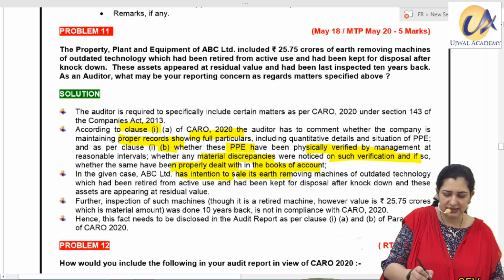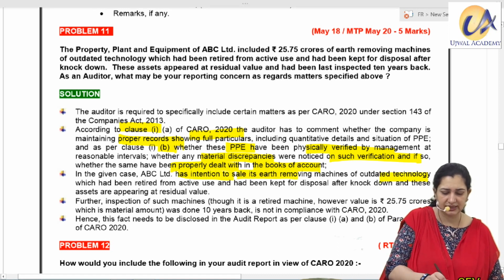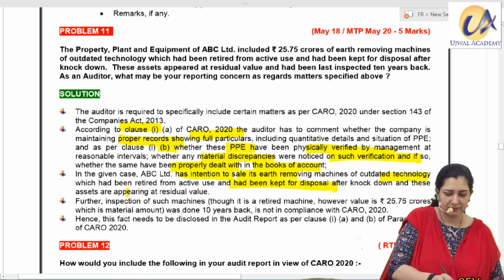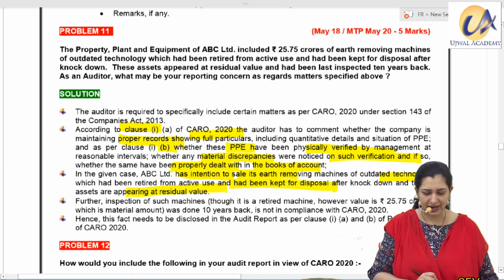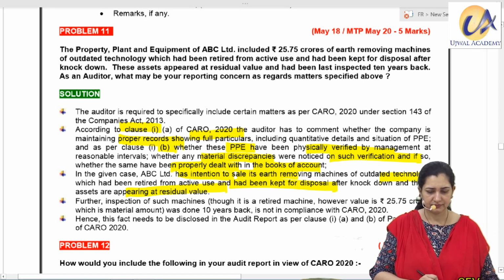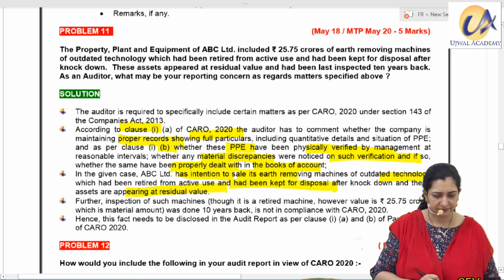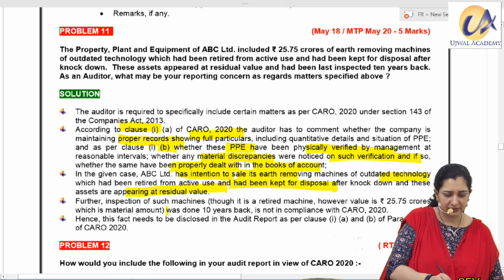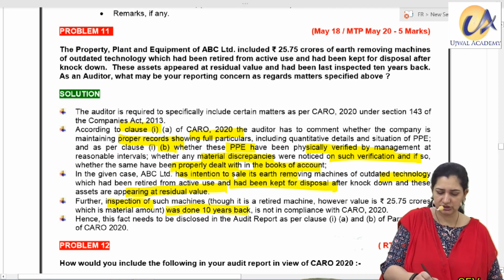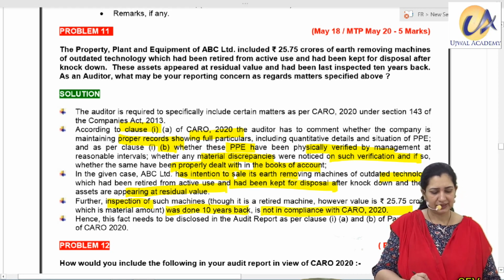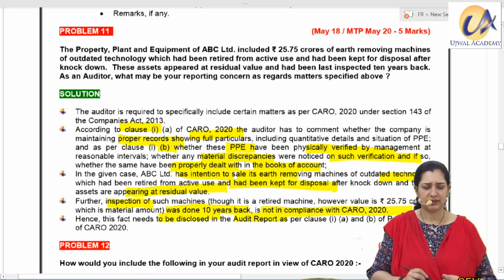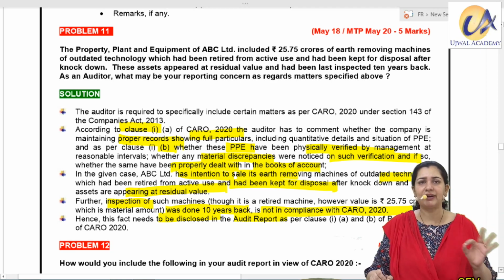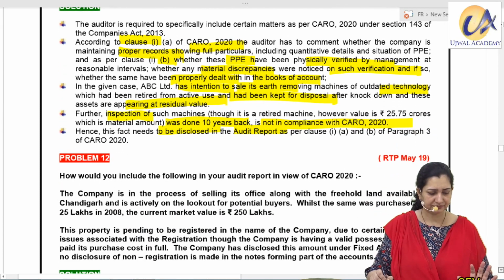They had the intention to sell the machines, they are of outdated technology, they are meant for sale, and they are appearing at residual value. They had been verified 10 years back, and therefore this is not in compliance with Caro, and therefore we need to report in our audit report. Simple point. Okay? Just need to identify the point under which it is applicable.